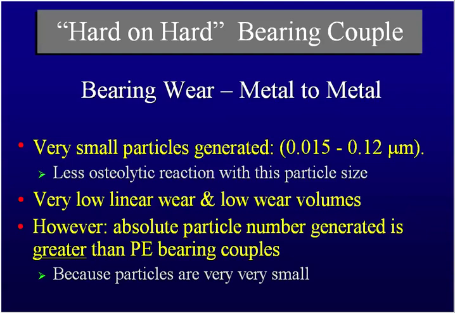So they have very low linear wear, very low volumetric wear. However, the absolute number of particles generated is much greater than the polyethylene bearing couples because the particles are so much smaller.